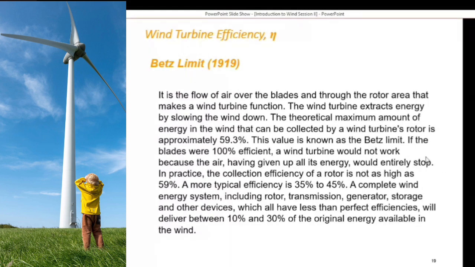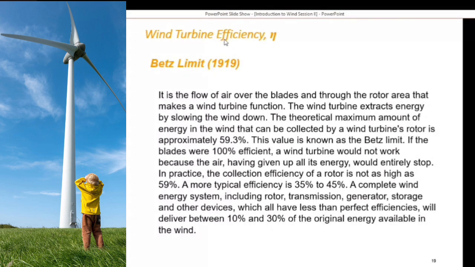In practice, the collection efficiency of a rotor is not as high as 59%. The more typical efficiency is 35 to 45%. This is just the normal or typical efficiency of a wind turbine. To me, this is the max, the limitation, which is Betz.